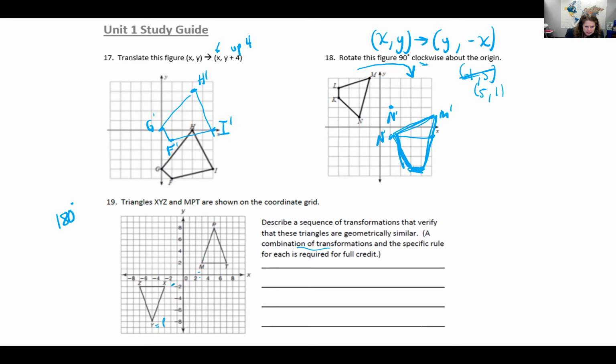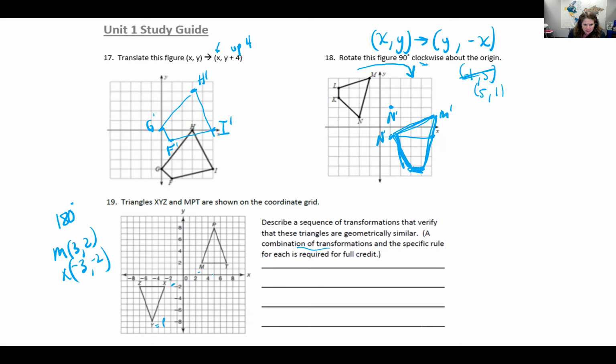So if M is at 3, 2, and X is at 1, 2, 3, 1, 2, negative 3, negative 2.